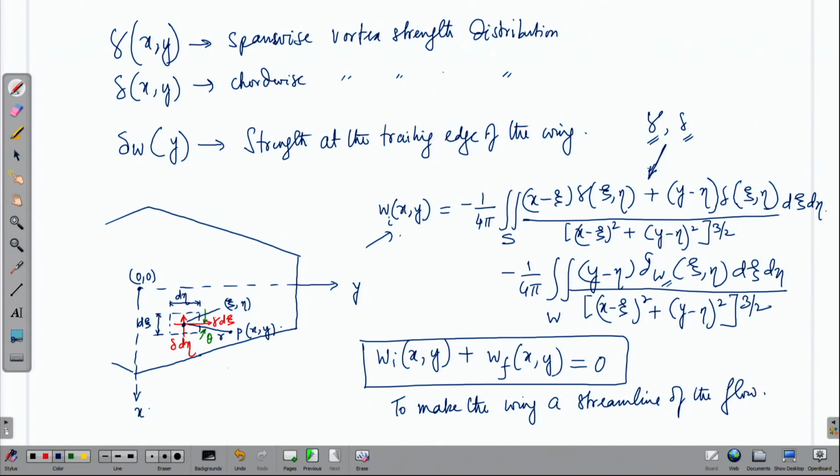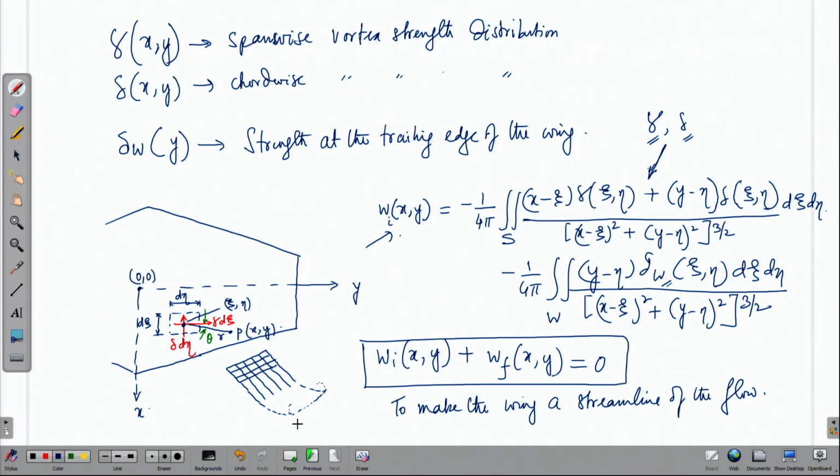The interesting part is that if you try to work out this problem using some numerical technique, then you will find that these trailing vortices which move into the wake, they would even roll up like this, they might even curl.